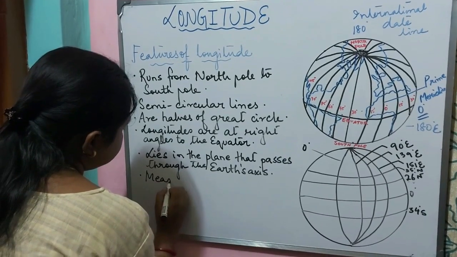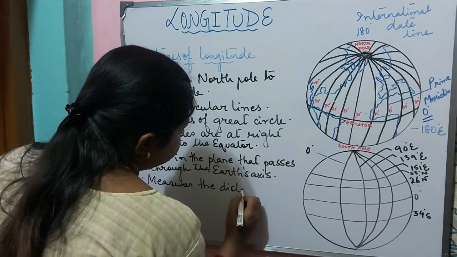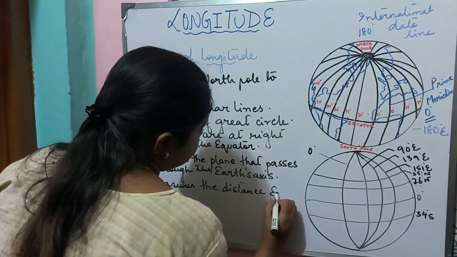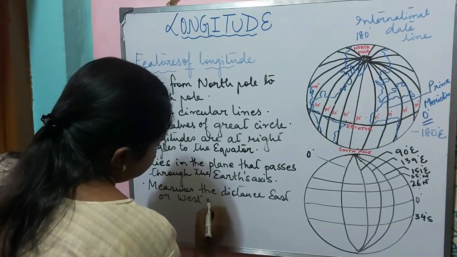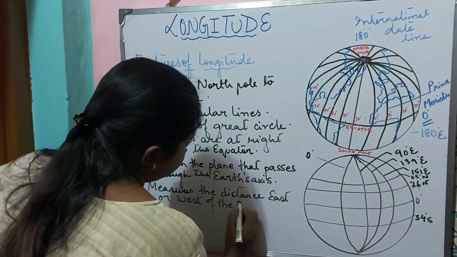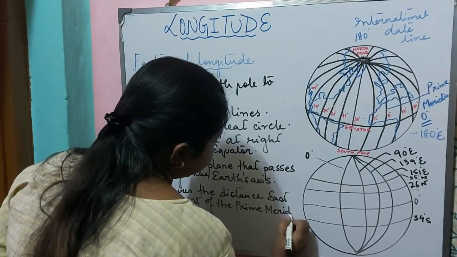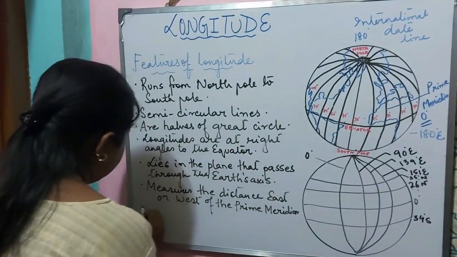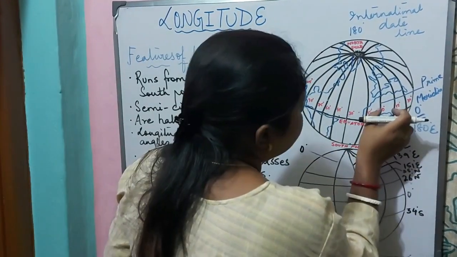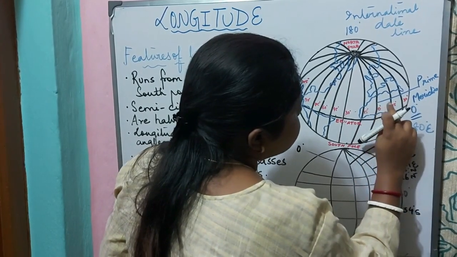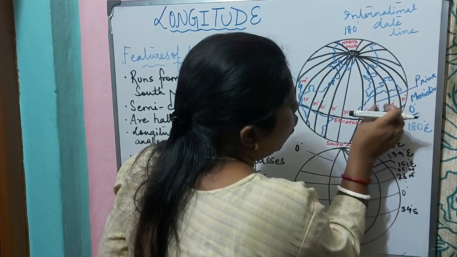It measures the distance east or west of the prime meridian. Now, just look at the diagram. You can see that the distance between two longitudes is more here.